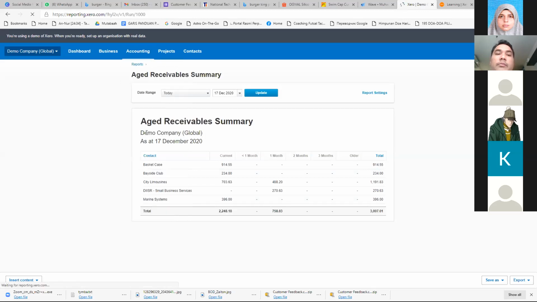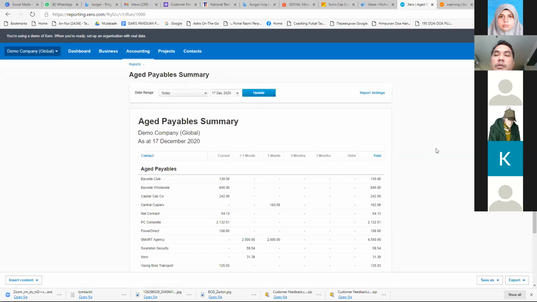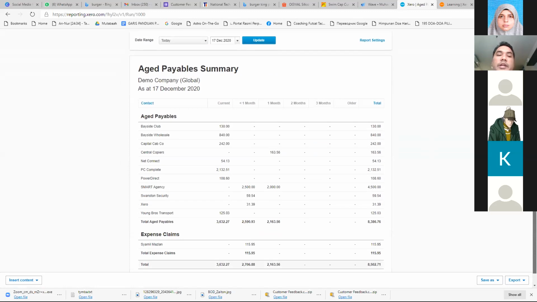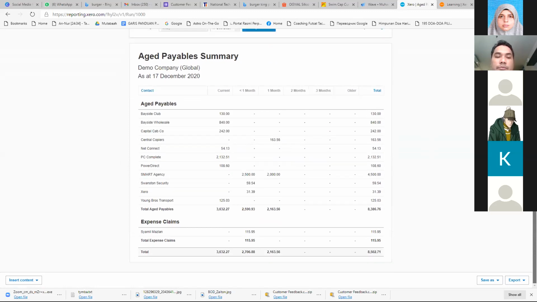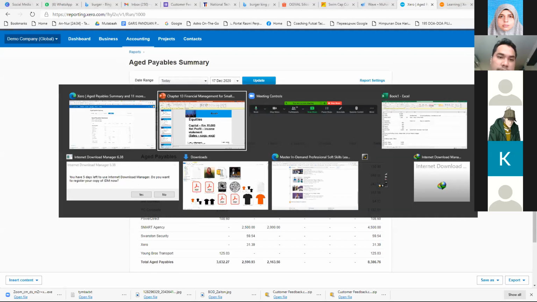Okay, we see the aged payable summary. This is a summary of the creditors that we owe. Okay, and also we can track the expense claims if I have some claim from the company. Okay, clear with that?